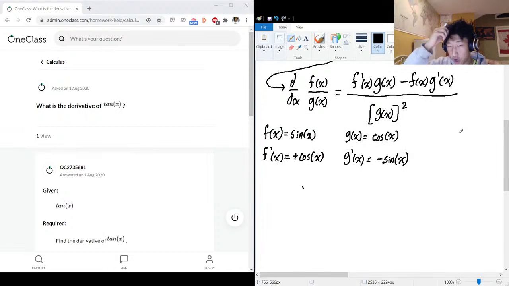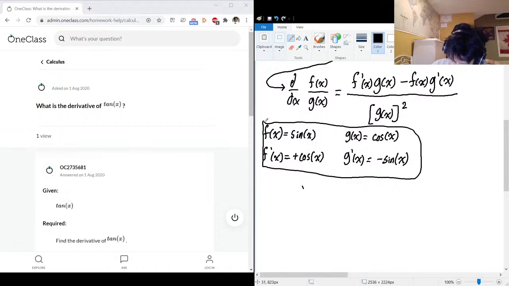Okay, now that we've got these, we can fill in this whole thing. So let's do that. What we're doing originally is d over dx of tan x, the derivative of tan x.